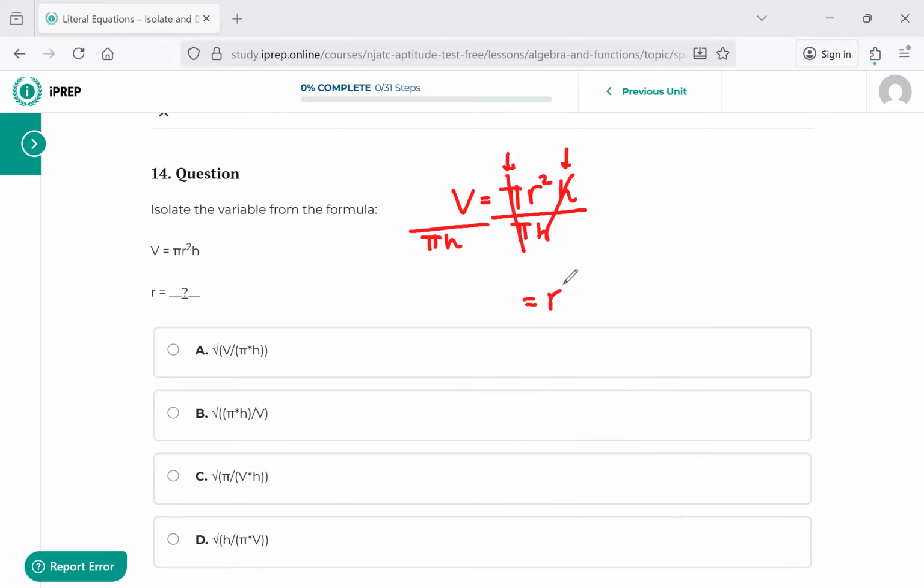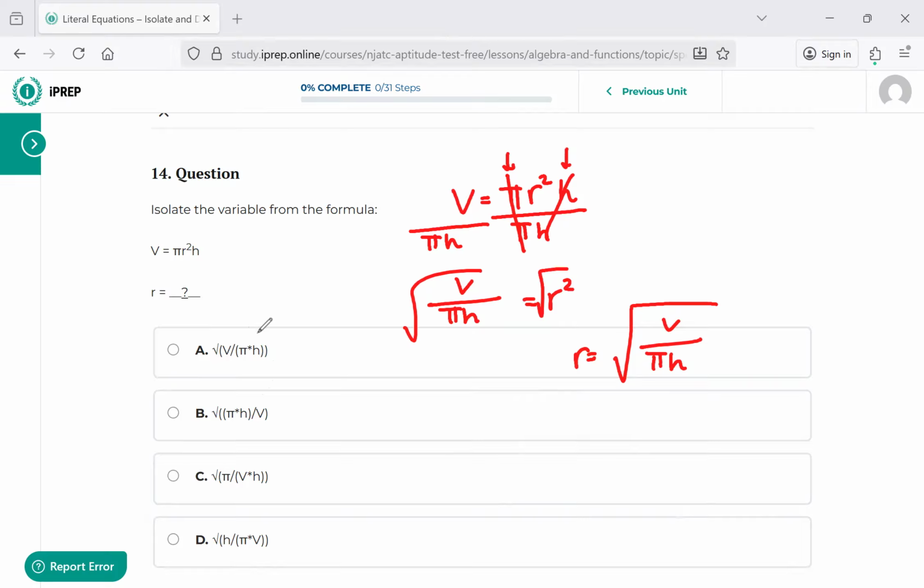So we're left with r squared equals v over pi h. Solve for r, so you take the square root of both sides. So you get r equals the square root of v over pi h. It would be letter A.